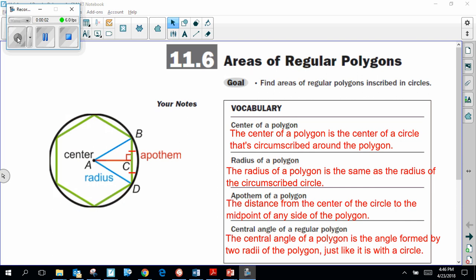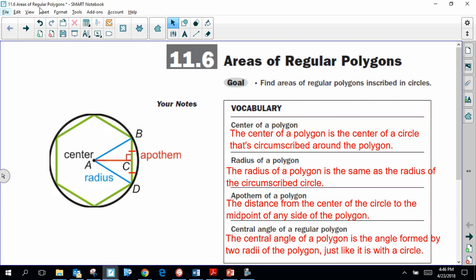Hey guys, Mr. Piercy here, and what we're going to be taking a look at in this video is how to find the area of a regular polygon.